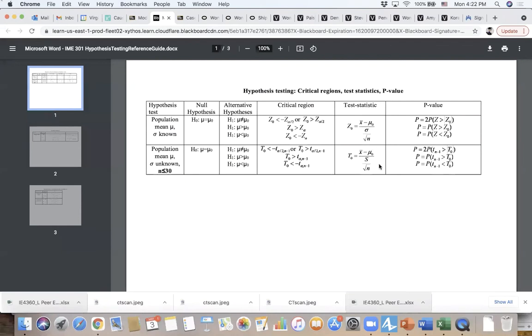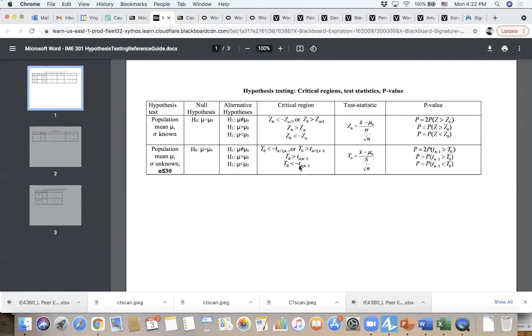Put everything here to find the test statistic, and since my alternative hypothesis is mu less than 35, I have to pick the third row for the critical region to run the test. So I calculated the value of my test statistic. All I have to do is calculate the value of minus t of alpha and n minus 1 from the table, do the comparison, and figure out if I'm going to reject the null hypothesis or fail to reject the null hypothesis.